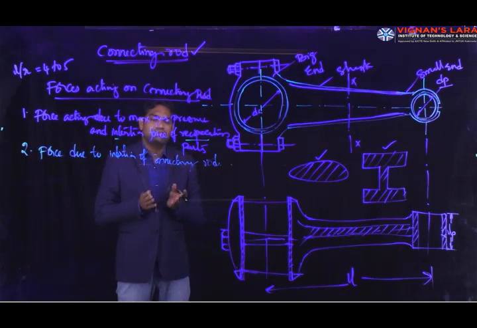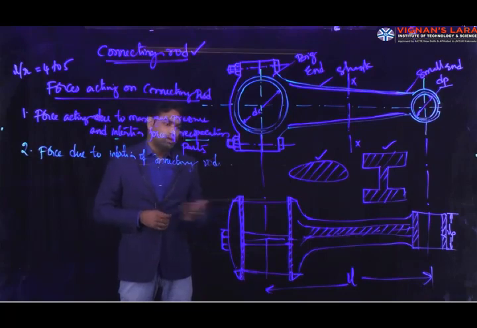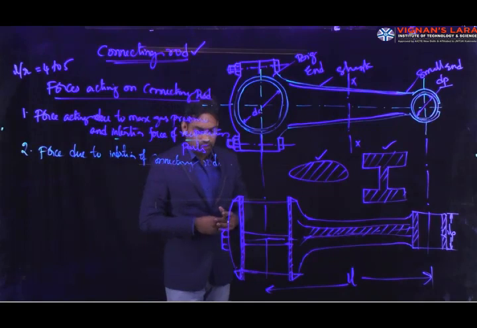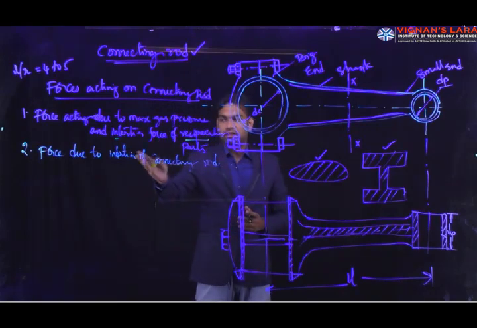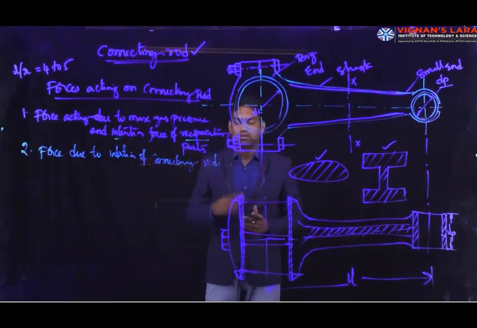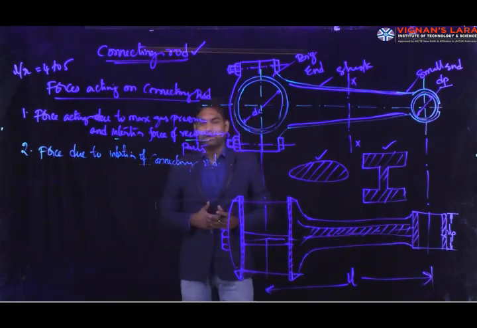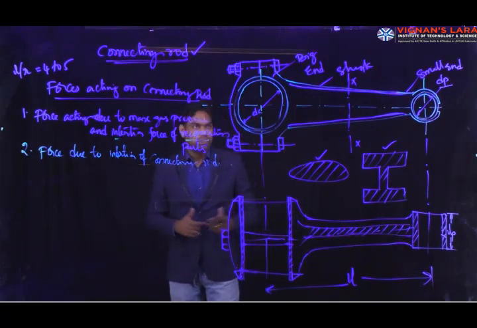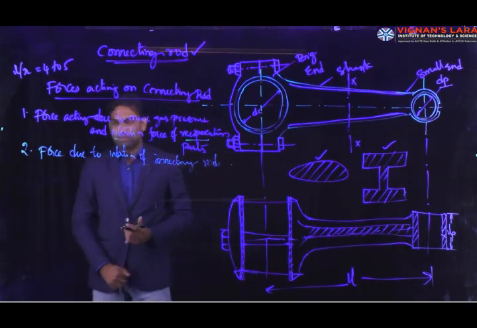Here these inertia forces are going to act along the axis of the connecting rod, so that will be a summation of the total force. But whenever these inertia forces of the connecting rod act perpendicular to the connecting rod, that will result in bending of the connecting rod. That stress we call the whipping stress.